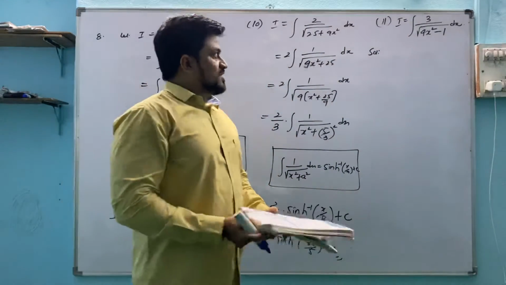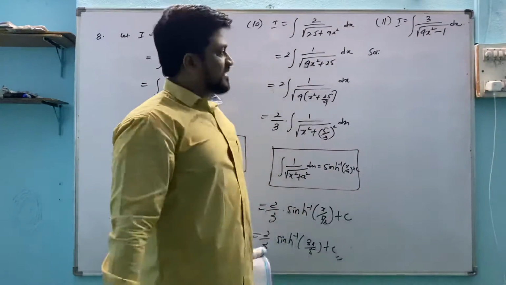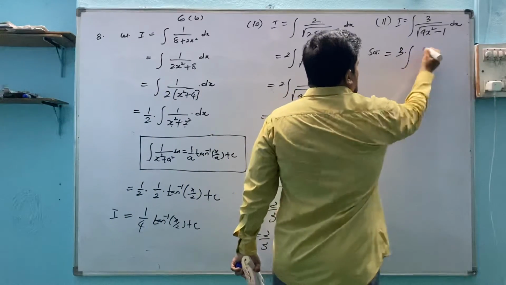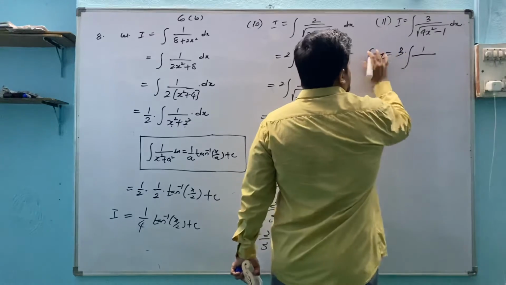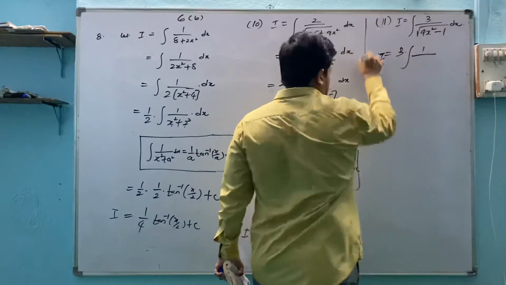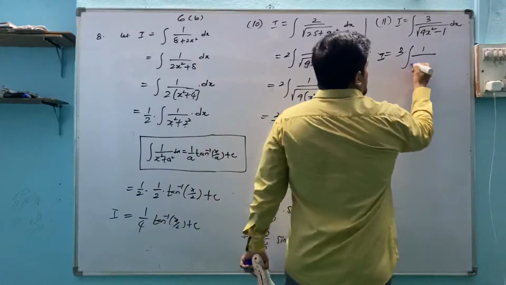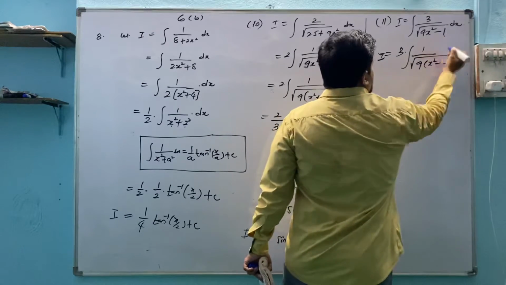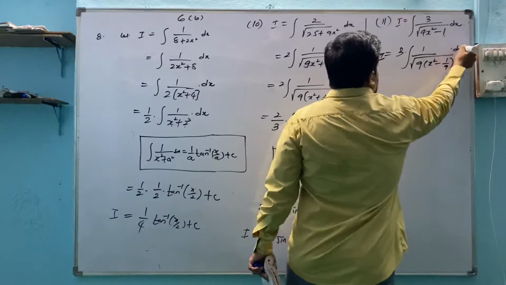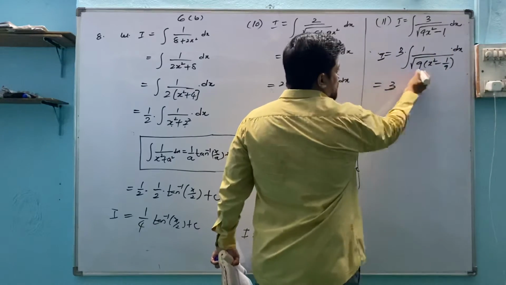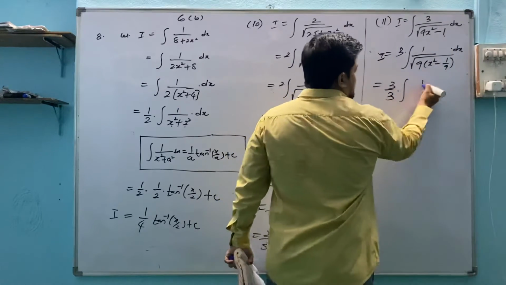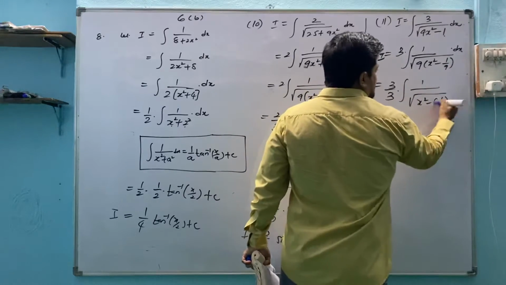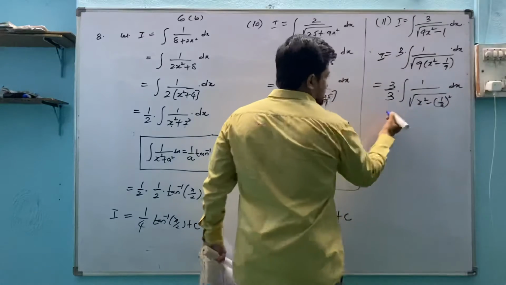3 by root over 9x square minus 1, so no need of arrangement, 3 comes out, 1 by root over 9 common, x square minus, because here 9 is not there, so 1 by 9 and dx. This 9 is under root, so it becomes 3 outside. 1 by root over x square minus 1 by 9, which is 1 by 3 whole square. 3 cancels.